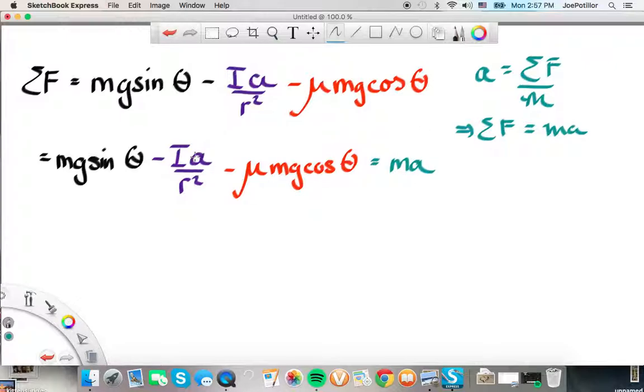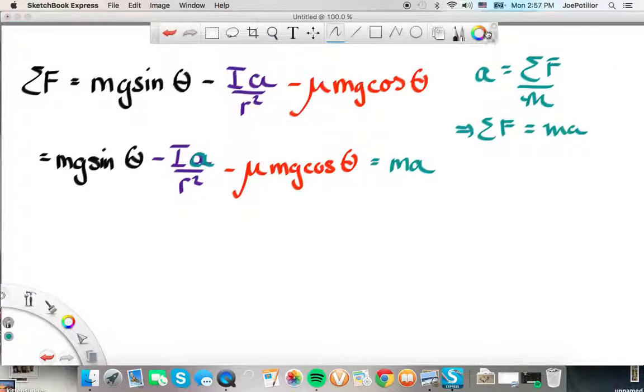And this a is the same because we're all undergoing the same exact acceleration. Of course, now we're solving for the coefficient of friction, so anything that's not the coefficient of friction needs to be moved to the other side.